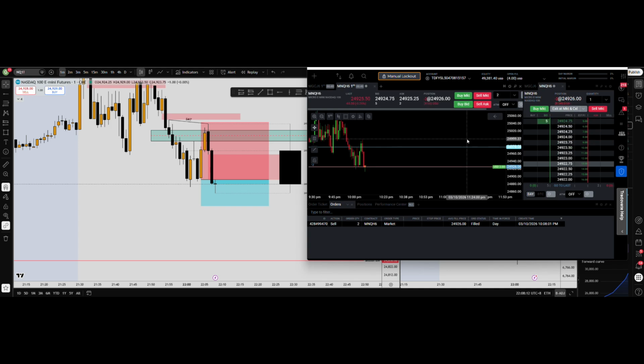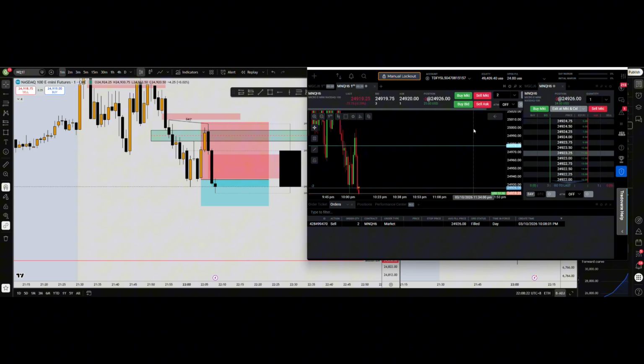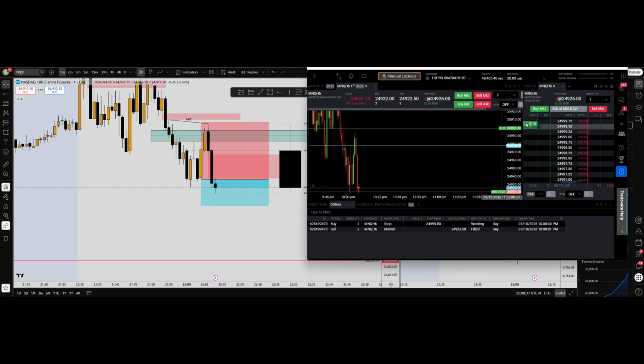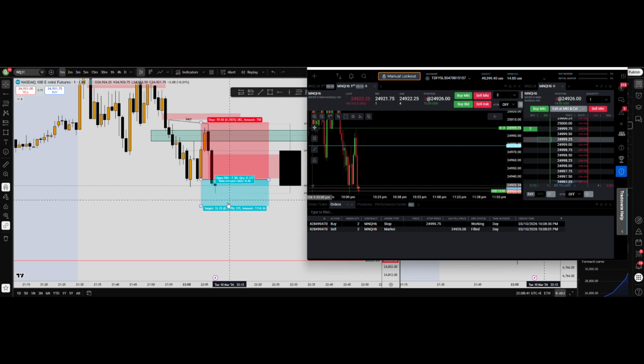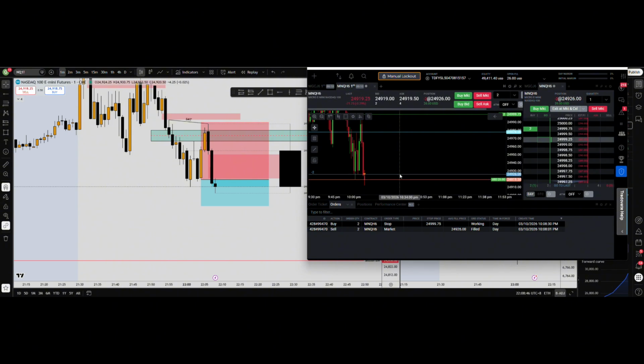Before that, let me set up my... right. So what happened was when I was trading it, cool, we're risking 300, but it shows me two, oh, my entry point was a bit lower than that.